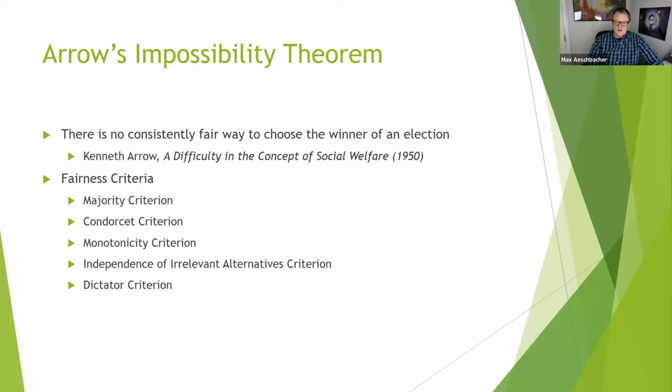But when we say fairness here, we really mean justice. When we say fairness criteria, we're saying, how do we measure whether an election does a good job of capturing the will of the voters?